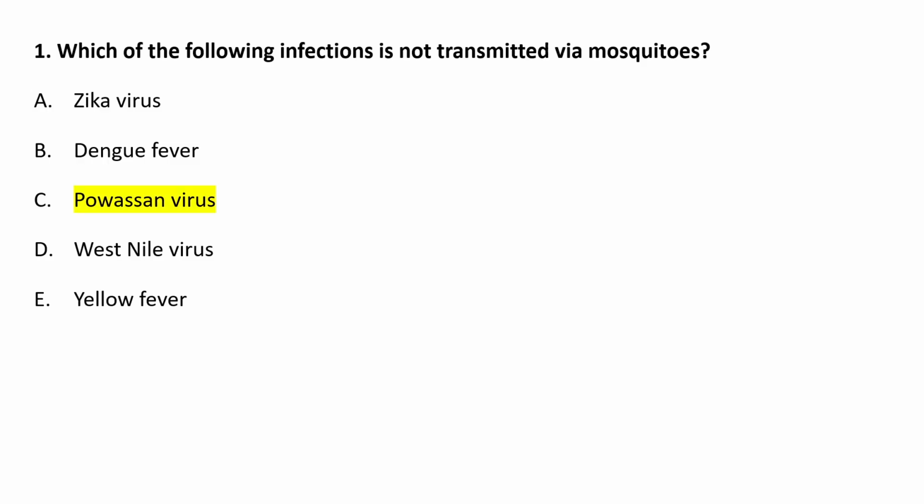Okay. So the first question was, which of the following infections is not transmitted via mosquitoes? This virus is transmitted by the mite, and all the others are transmitted by mosquitoes.